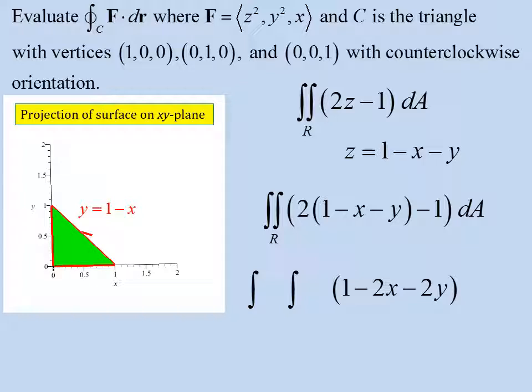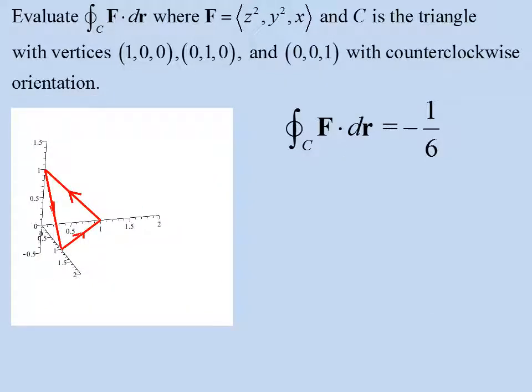That means if we integrate this first with respect to y, we could go from 0 to 1 minus x. And then with respect to x, from 0 to 1. Now again, we could type that into an 89, or evaluate it by hand, but it comes out to be negative 1/6. So according to Stokes' theorem then, this line integral along those three separate paths would also be negative 1/6.